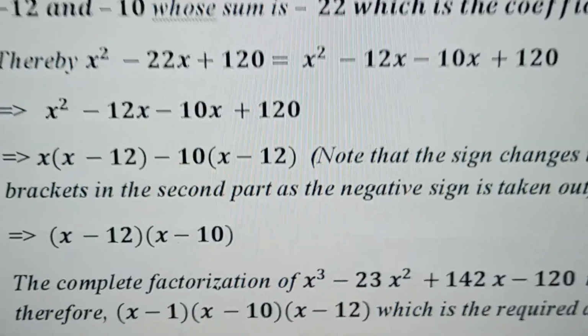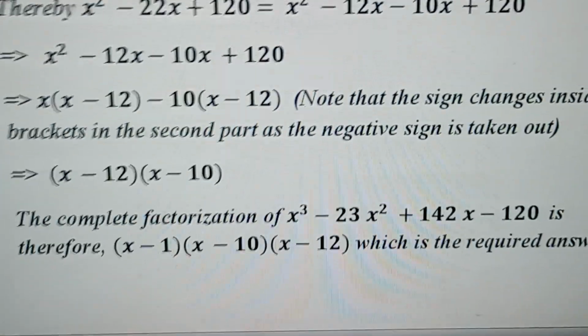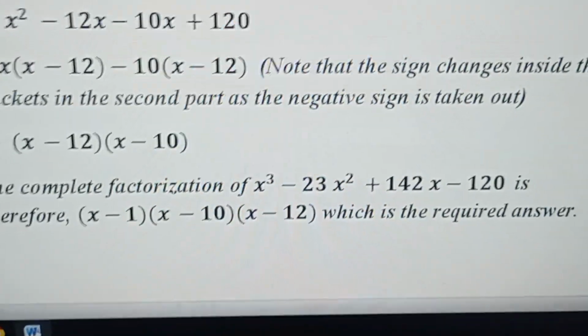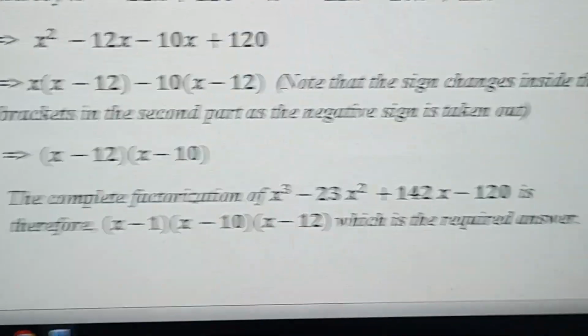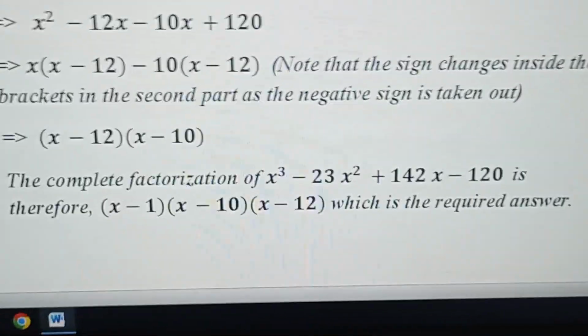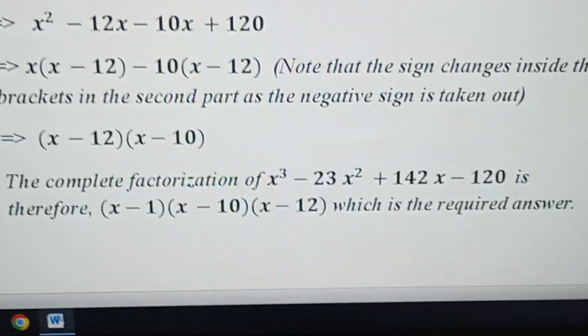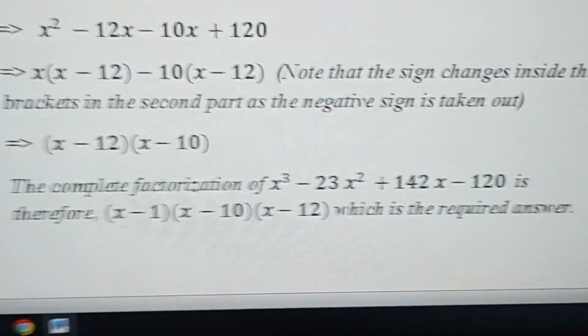Take it out. You'll get x into x minus 12 within brackets minus 10 into, again within brackets, the same x minus 12. Note that the sign changes within the brackets in the second part, as a negative sign is being taken out.